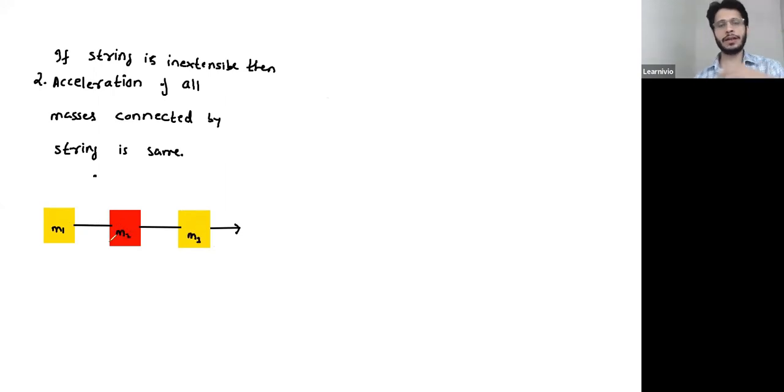All boxes are connected by strings. So if all these strings are inextensible, so you have two strings basically, string number 1 and string number 2. If both string number 1 as well as string number 2 are inextensible, if they don't stretch, then all blocks will move with the same acceleration. For this condition to hold, the string should be inextensible.